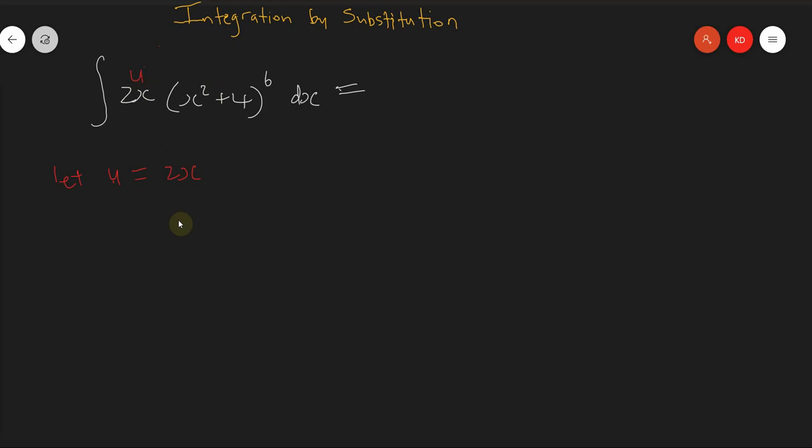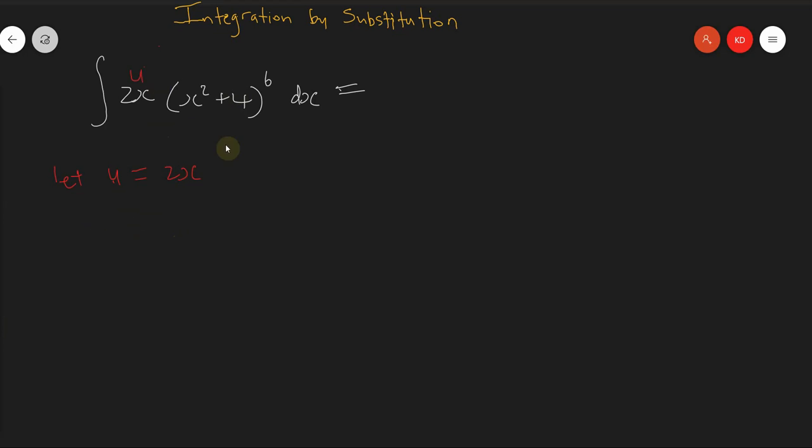We can see that there is going to be a problem because we wouldn't have anything to replace what's in the brackets. So we would have a mixture of u and x, and even if we differentiate u with respect to x, we would just get 2, which is a constant, which would not cancel anything.